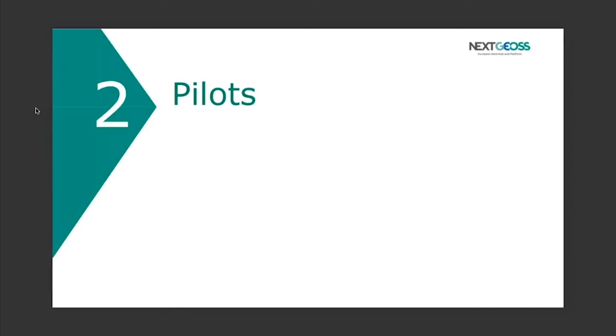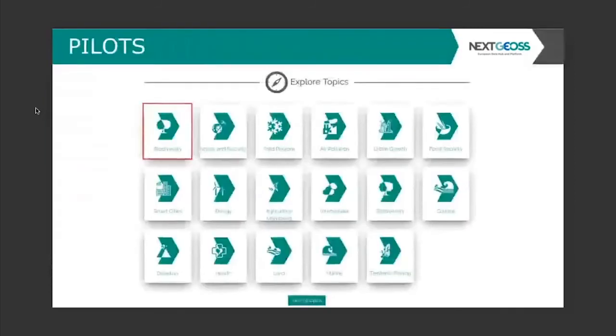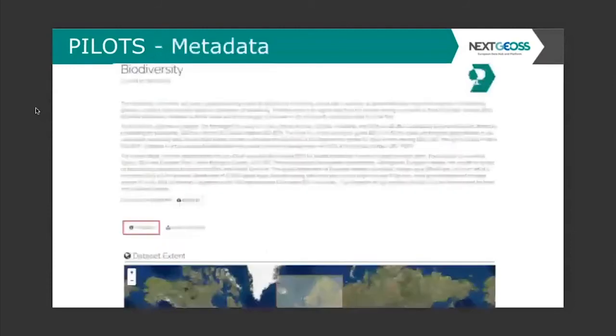So as I mentioned before, on the homepage we have a list of all the pilots that we currently have. And by clicking on a specific topic, the user is redirected to the dataset detail page. Let's take a look at the pilot detail page.